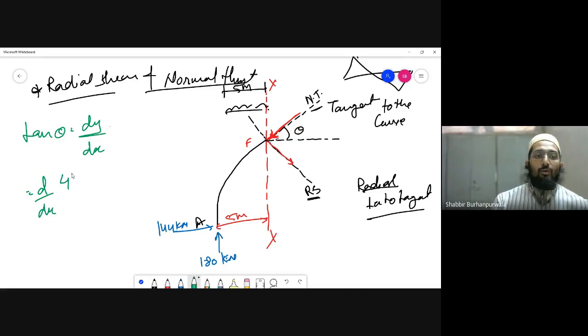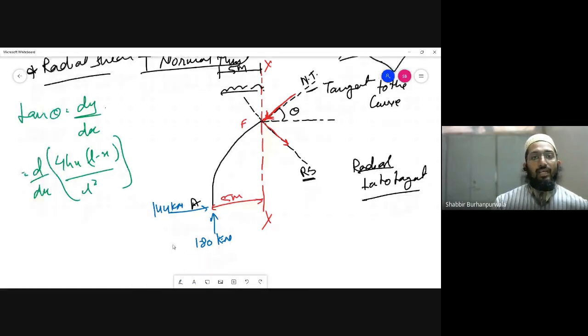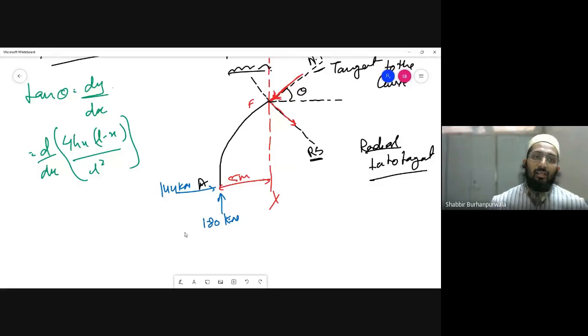What is y? y equals 4hx(L minus x) upon L squared. This is the value of y. Are you getting it? What is tan theta? It is the slope. Sorry, tan theta is the slope, so tan theta equals dy by dx.